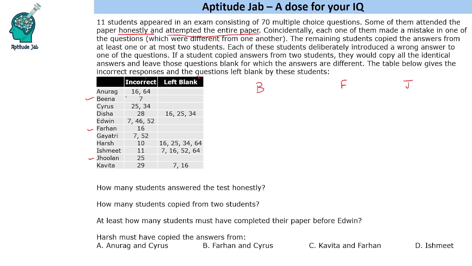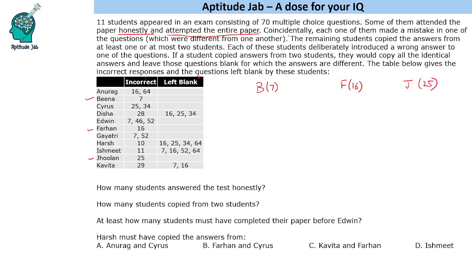Now we will also write the answer which they gave incorrect. Farhan gave answer wrong 16 and Jhulan gave 25. So we are done with these three students. Now some students copied from them. So whosoever copies from Beena, Farhan, or Jhulan will copy all these answers.